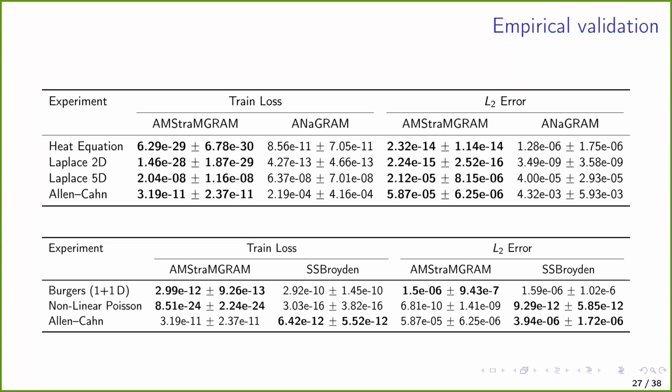Elham, do you remember from the table which one is the best for Burgers? For Burgers, the best one was SS-Broyden, and the line search was Wolfe, the Wolfe conditions. And there we have 10 to the minus 8. That's state of the art compared to SOAP from Google, which I think is around 10 to the minus 6.